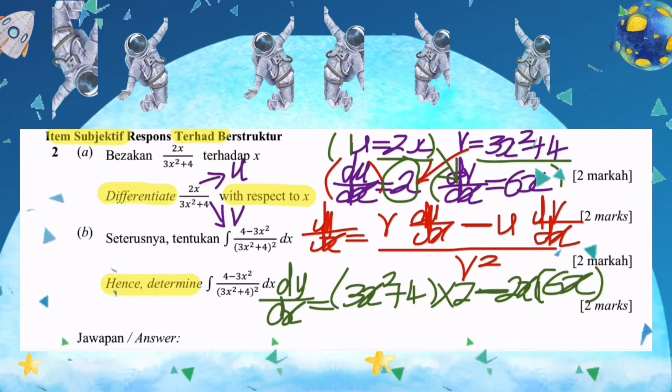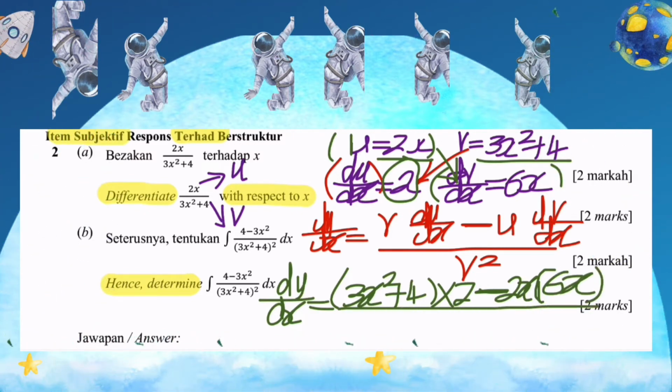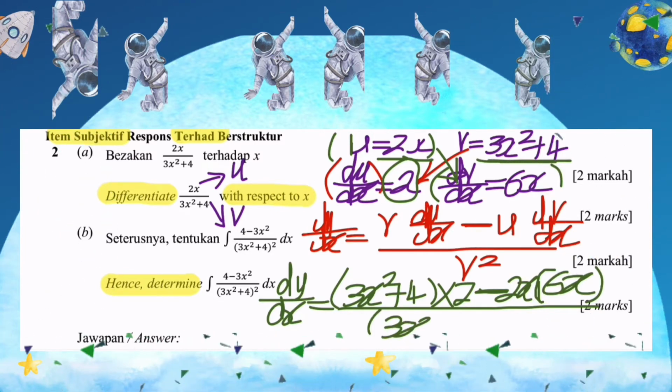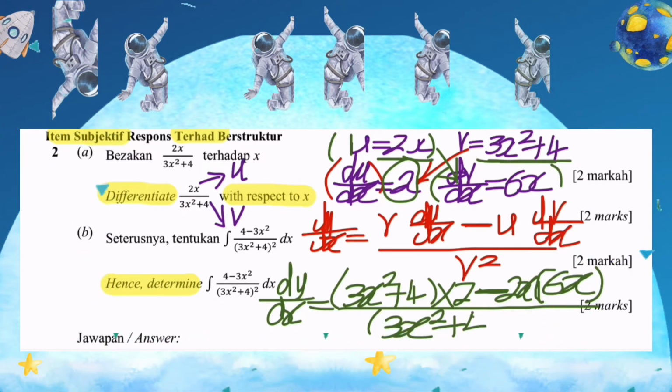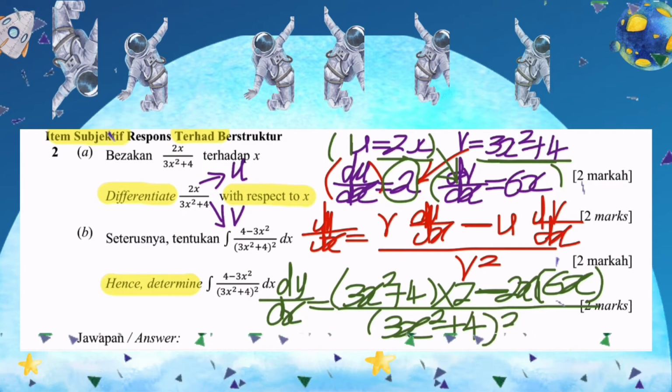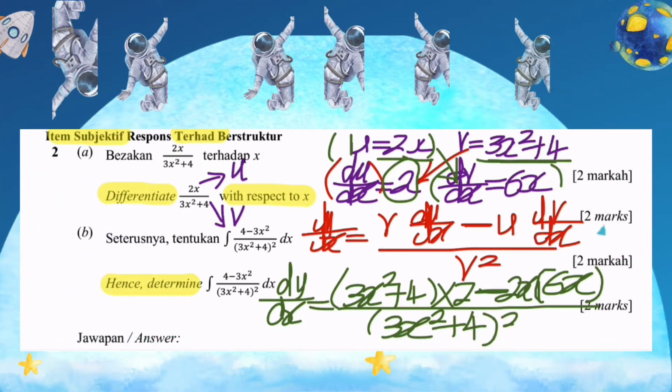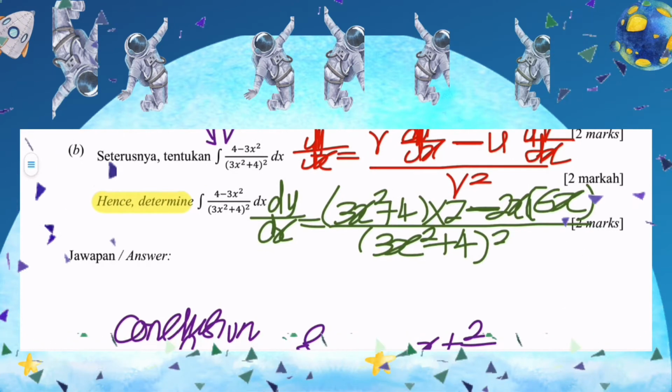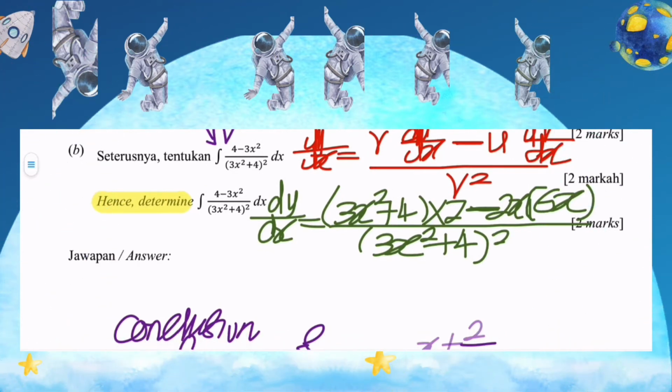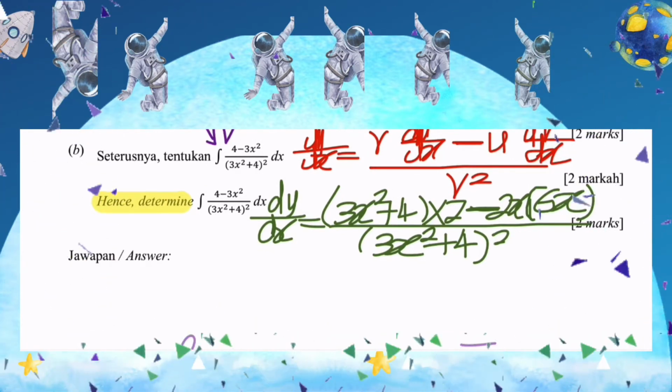Now we have to divide by the v squared, which is 3x squared plus 4, and we have to square it because the formula comes with a v squared. Now let's simplify carefully for the dy dx.